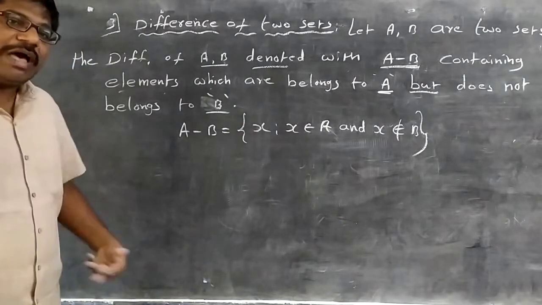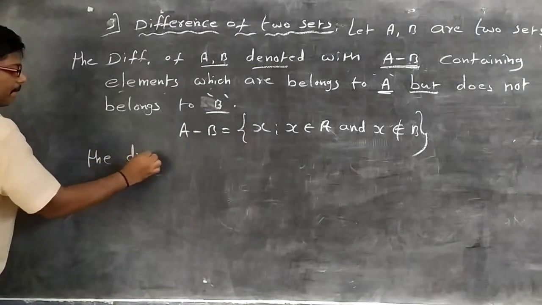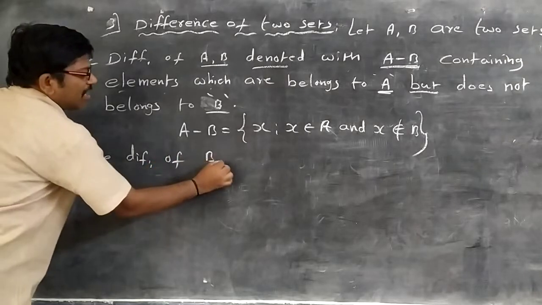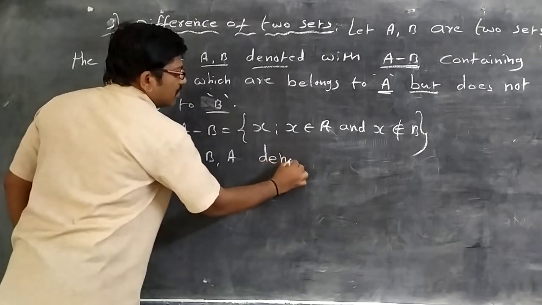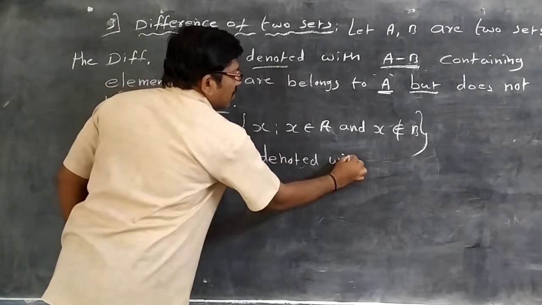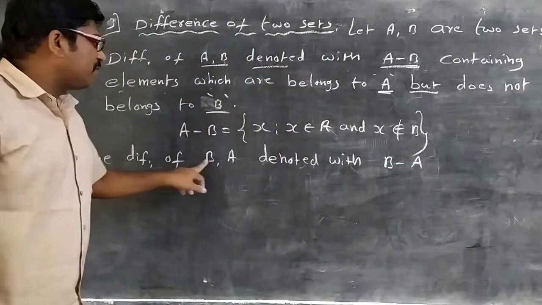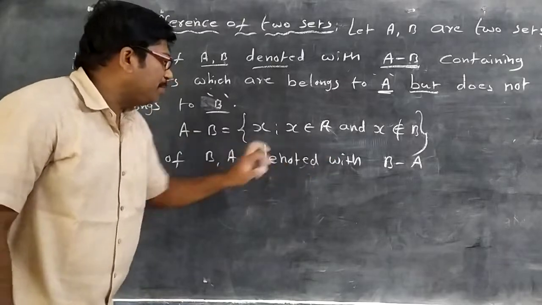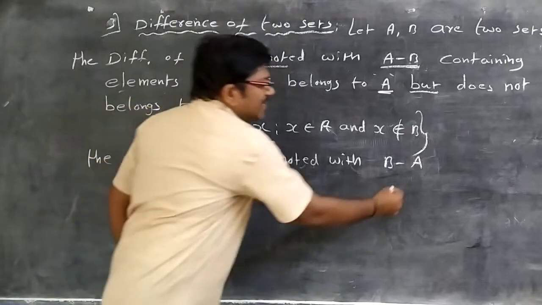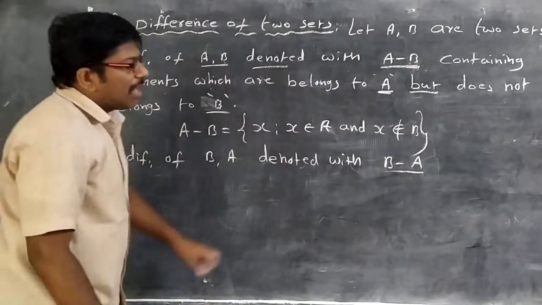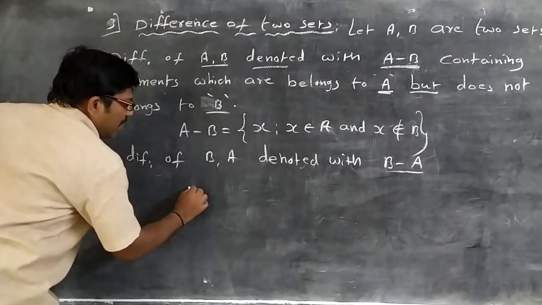So what about B minus A? The difference of B, A is denoted with B minus A. Observe carefully. We have to subtract A from B. So B minus A is a set containing elements which belong to B but do not belong to A. What is the set builder form of B minus A?